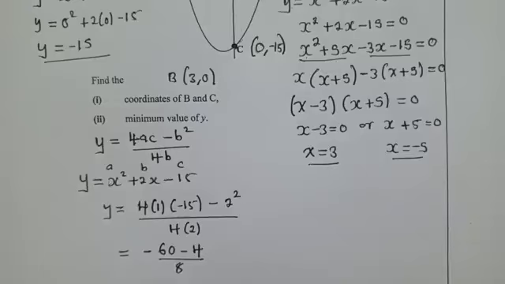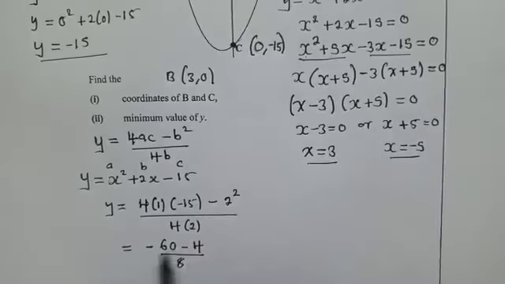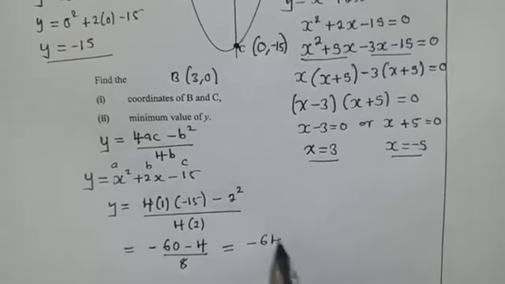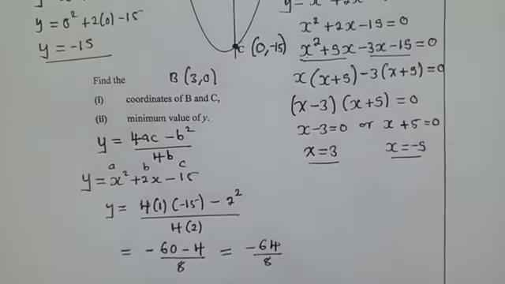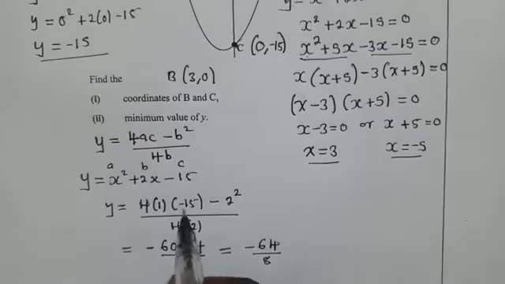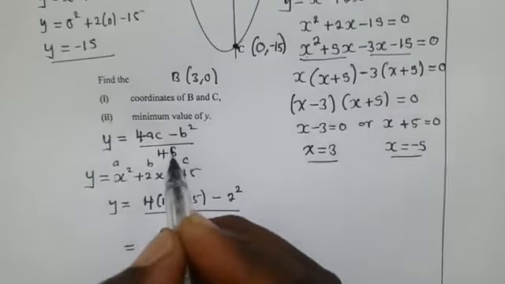So when you work out negative 60 minus 4, this of course will give us negative 64 over 8. So when we divide by 8, what are we getting? Oh, actually our A here is supposed to be A in the formula.